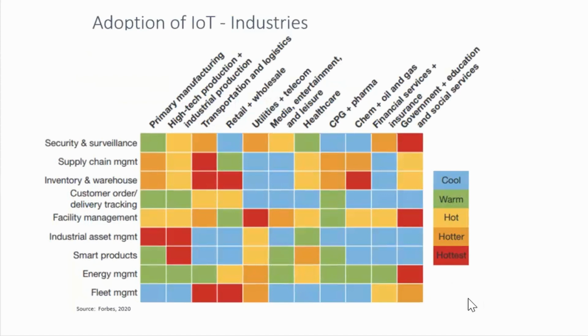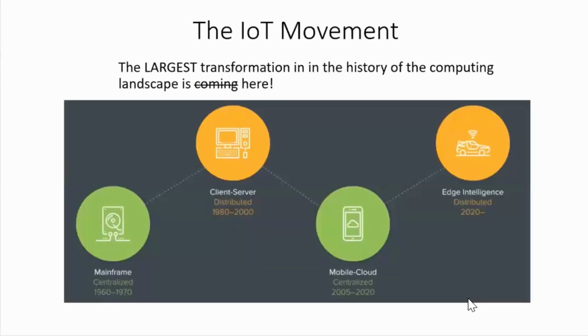If you follow your finger down there, you see transportation and logistics, of course, and retail and wholesale is really hot in terms of IoT investment, leveraging IoT for that industry and for that need. It just gives you a glance. Again, I'm breezing through this a little quickly because this is a longer presentation.